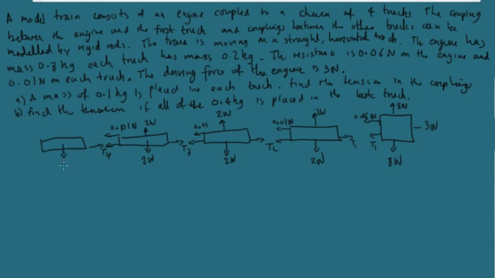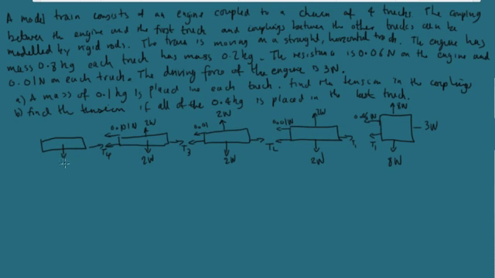And on the final truck, this is where it gets different. Because all the mass is in this truck, the mass of the fourth truck plus the cargo together will give us a mass of 0.6, so that's going to be 6 newtons of weight, 6 newtons of normal contact force, but our resistance here is still 0.01 of a newton.